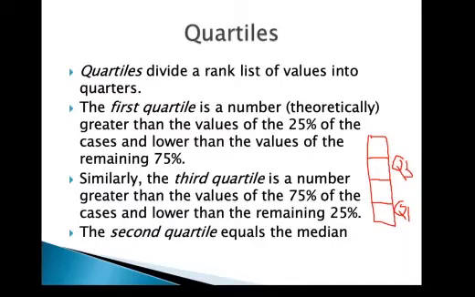The second quartile, and I denote that as Q2, will be that value that's higher than 50% of cases and lower than 50% of cases. The second quartile is also called the median.